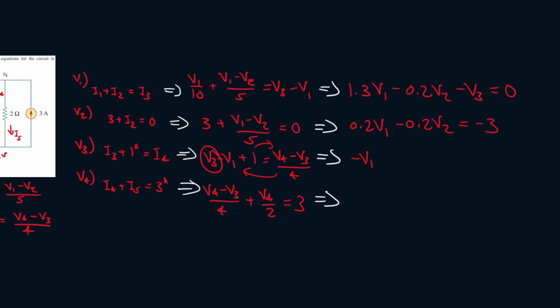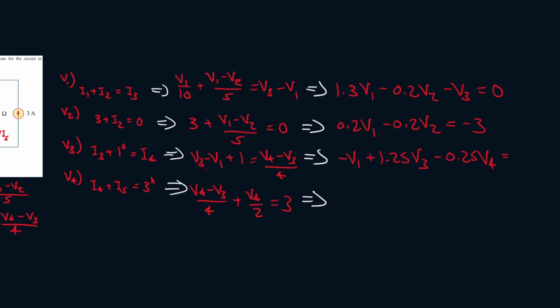So 1 plus V3 over 4, that's 1.25 V3. And then we brought the V4 over 4 to the other side, so it's minus V4 over 4, which is minus 0.25 V4. And since we brought the positive 1 to the other side, it'll be equal to minus 1.